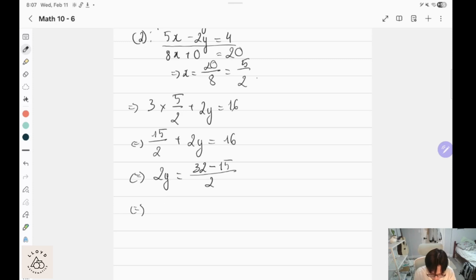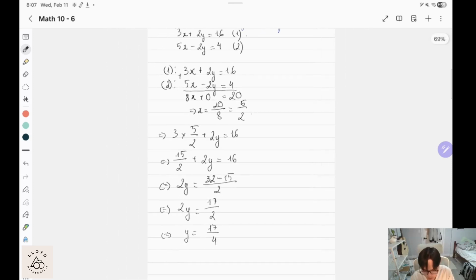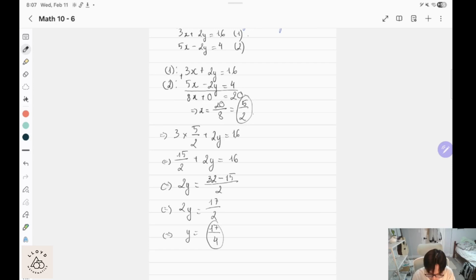So 2y here is 17 over 2, which means y is 17 over 4. So we got x here and y here, so we can conclude that x and y are equal to 5 over 2 and 17 over 4 using elimination. If we use substitution in this case, it can be tough for us to solve.